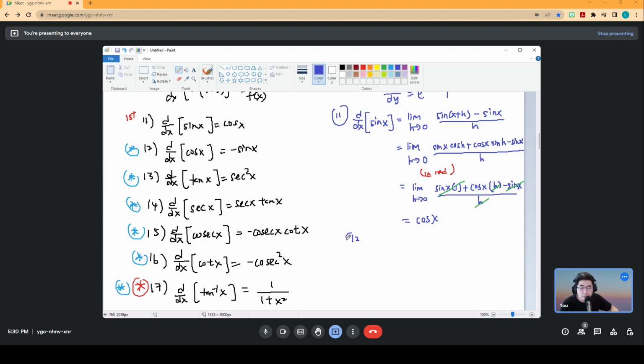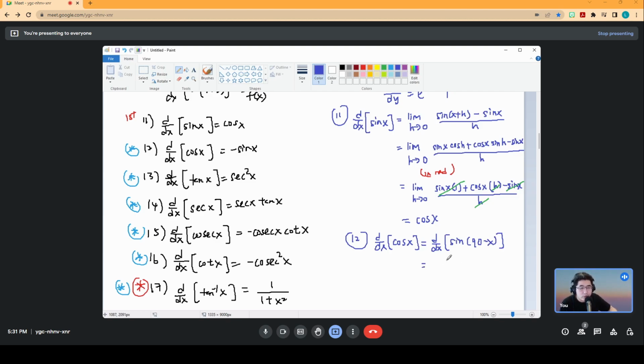Number 12, the derivative of cos goes to negative sine. d/dx of cos x. From P1, we learned that cos x can be written as sine of (90 minus x). There is a differentiation of outside and inside here. The outside is sine, the inside is 90 minus x.